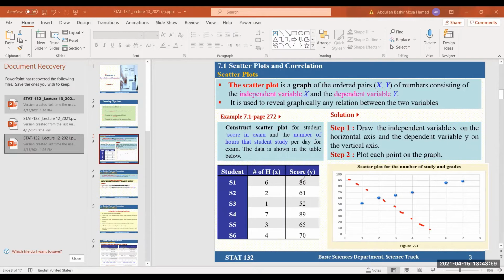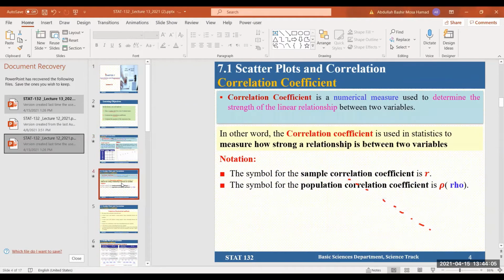How? By using the correlation coefficient. So we move to compute the correlation coefficient. The correlation coefficient is a numeric measure to determine the strength of a linear relationship and its direction.